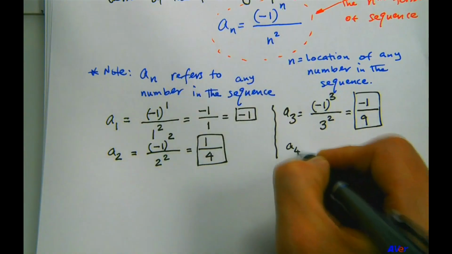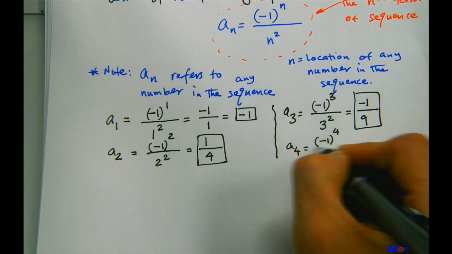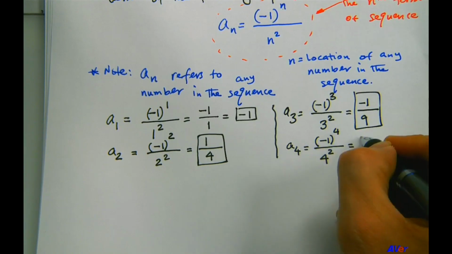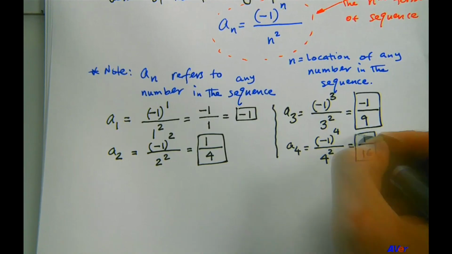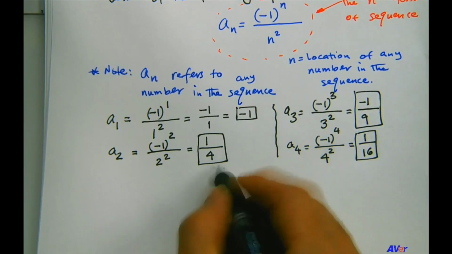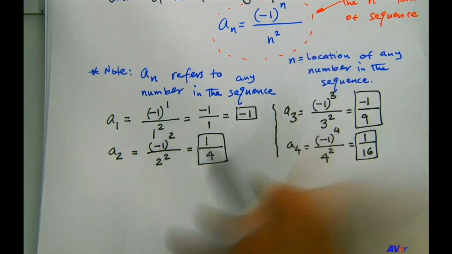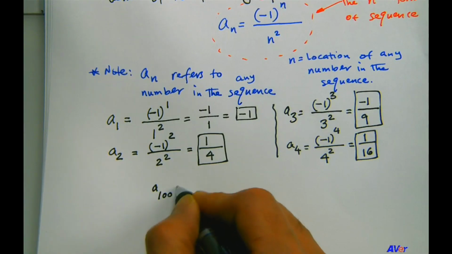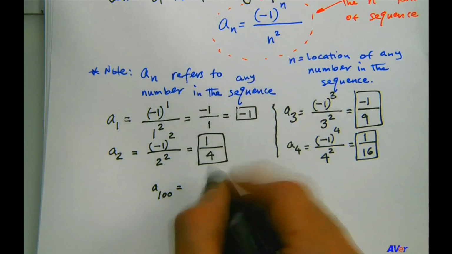And then the fourth term would be minus 1 to the 4th power over 4 squared. So minus 1 to the 4th is 1 divided by 16. And then we also need to find the 100th term. So A100, right? Let's replace n with 100 anywhere we see it.